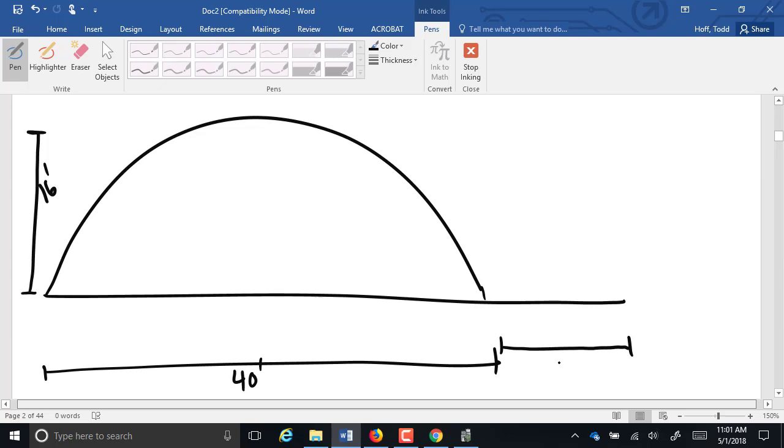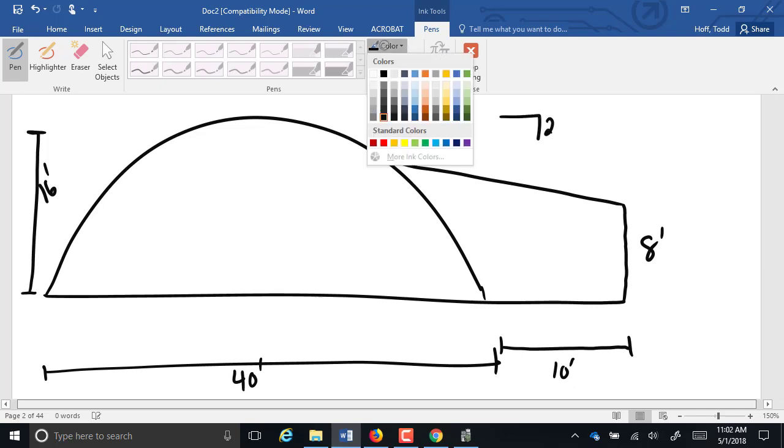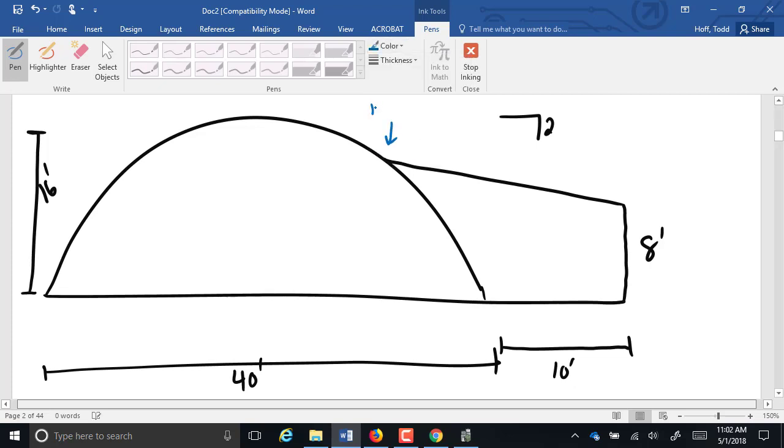This here is, oh, let's make it 10 feet. 8-foot height. Let's bring that in a 212 slope. So you can see this is not a tangent here. So when we go from the center up to that point, it doesn't form a right angle. That complicates things considerably. That's what we're going to spend our time working on Thursday.